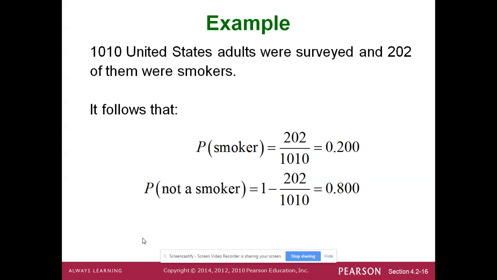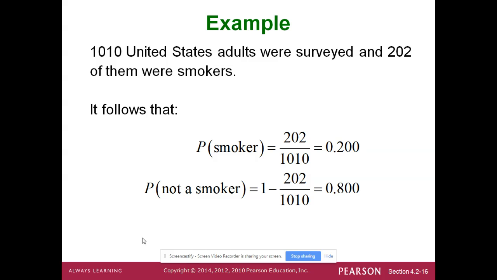Most of the time, if you're going to find the complement of an event, the best way to do that is how this example does. It's easier to find the probability of that event occurring and then just subtract from 1, instead of thinking about how many of these are not.